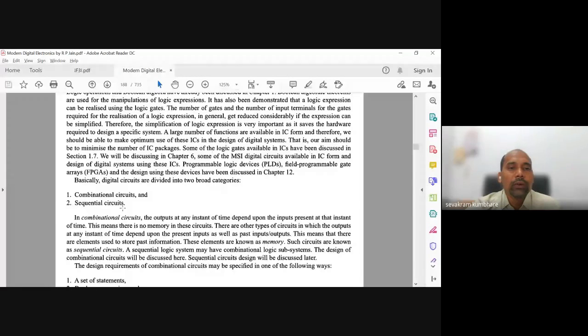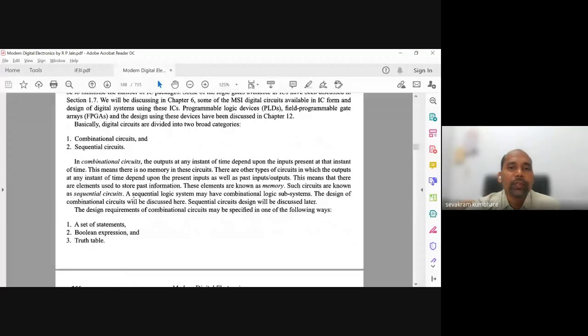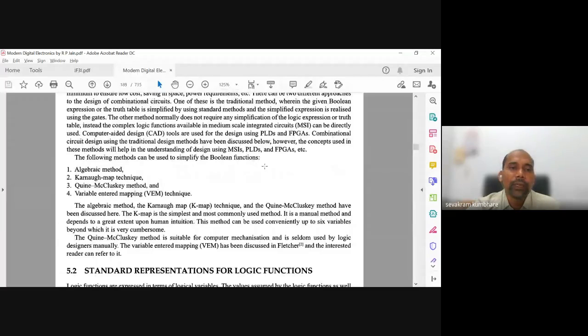Now, to simplify a given Boolean function, there are four methods. First one is the algebraic method. Second one is the Karnaugh map technique, also known as K-map technique. Third is the Quine-McCluskey method, and fourth one is the VEM technique.